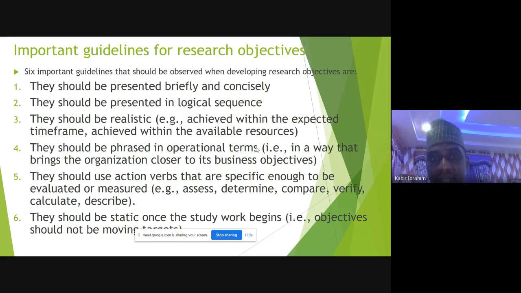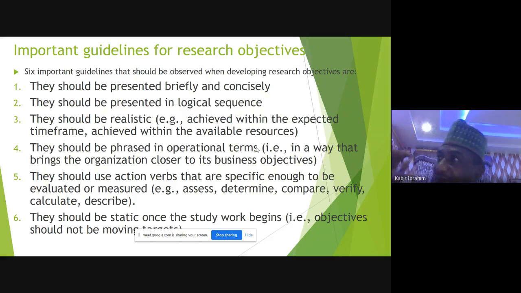That is number 1. Whenever you are writing your objective, it has to be brief. What I mean by brief is short and concise, and they should contain important information.